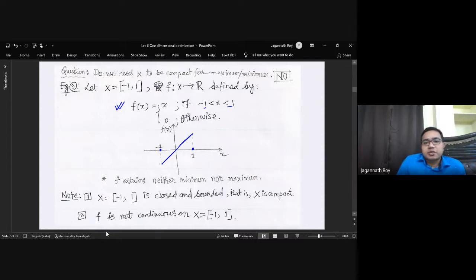So this function is not a continuous function, because at this point, after this point, it comes to here. So it is not a continuous function.